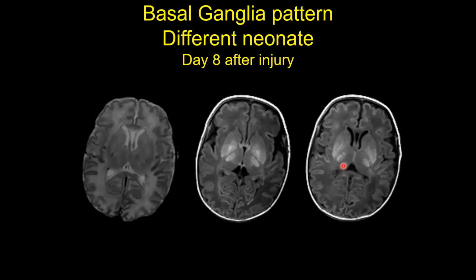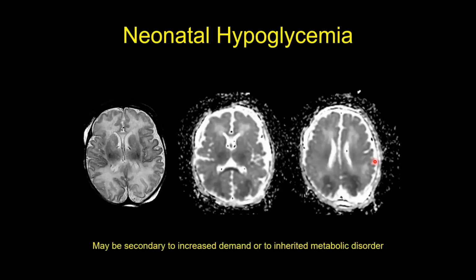And day 8 after injury, the astrogliosis and tissue necrosis will cause the posterior putamina and the ventrolateral thalami to be T1 hyperintense, while there is near complete loss of that dash of myelination in the posterior limb of the internal capsule, which predicts very poor motor neurodevelopmental outcome. So just one of the classic patterns in this case, profound but brief injury related to this selective basal ganglia thalamus pattern, and also perirolandic.